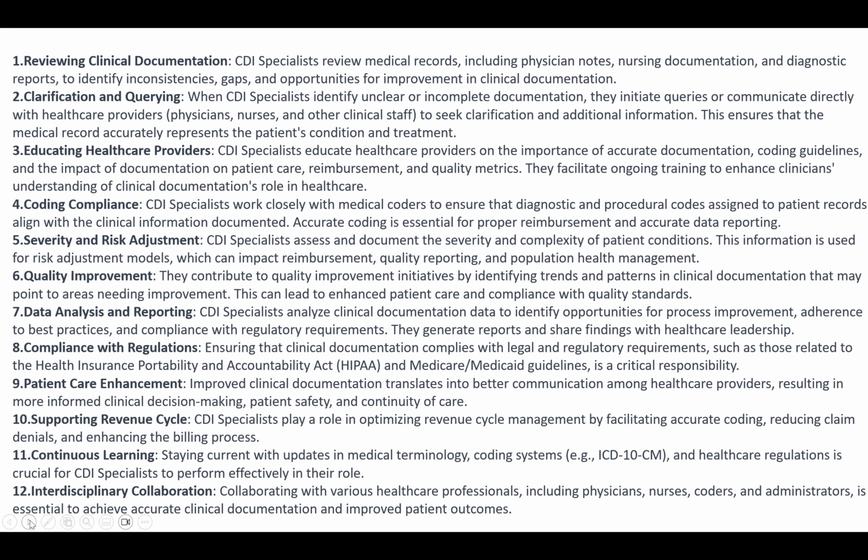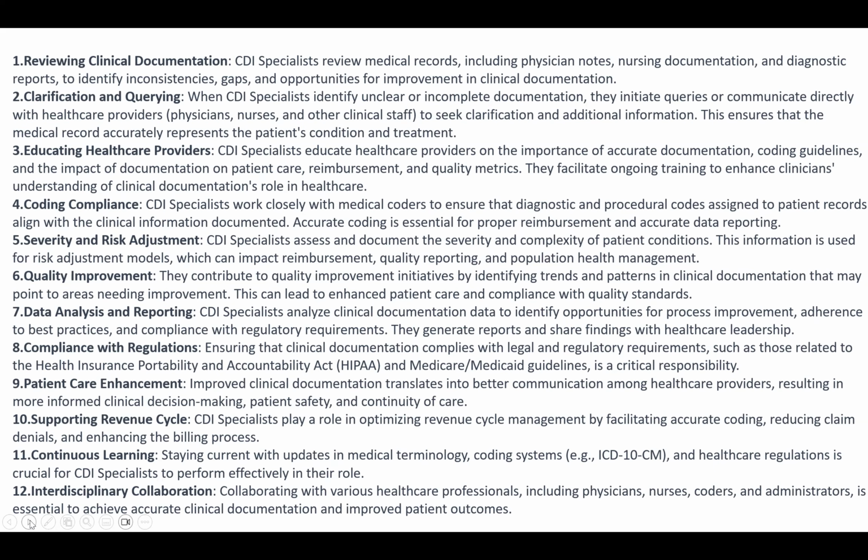Continuous learning. Staying current with updates in medical terminology, coding systems, healthcare regulations is crucial for CDI specialists to perform effectively in their role. And again, as a liaison, providers are not going to make it their number 1 priority to stay up on all these. There are so many different regulations, even in the clinical space.